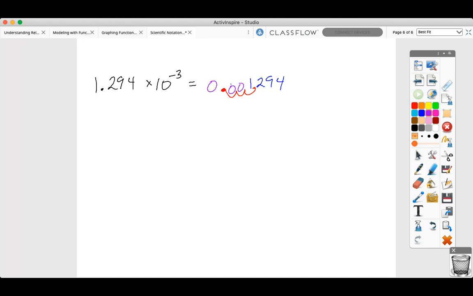And then make sure you put your leading zero in there. So your final answer is 0.001294. Okay, there you go. Let's try one more.